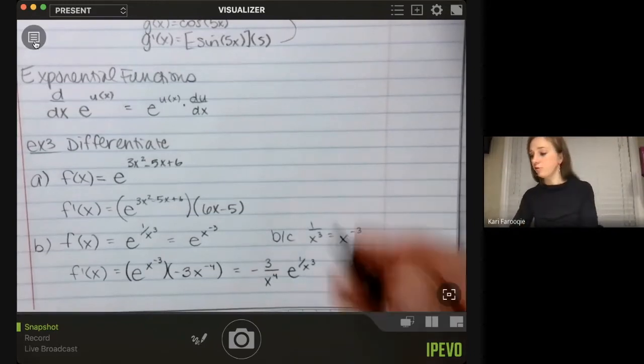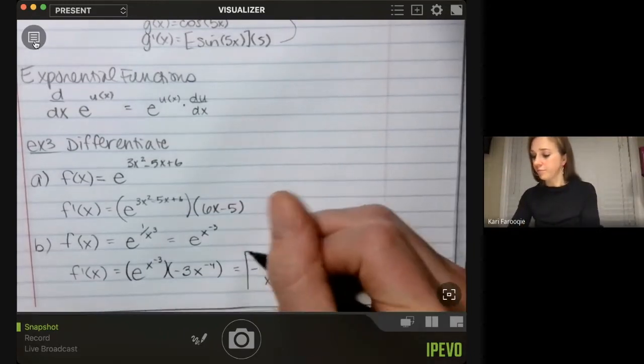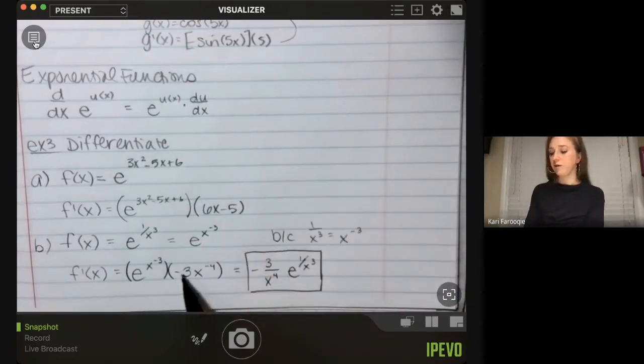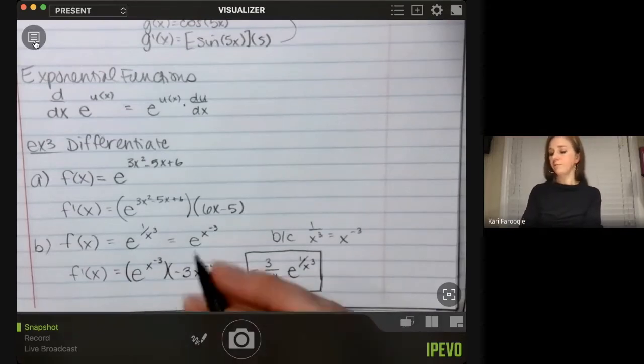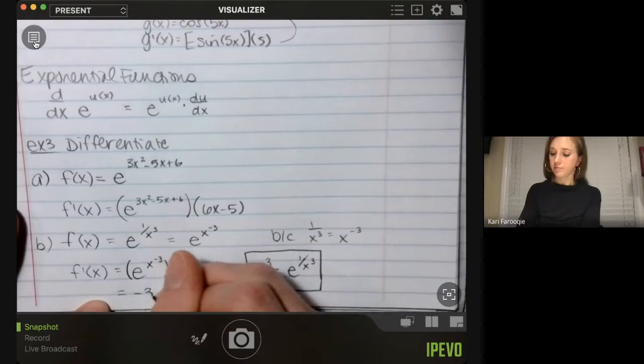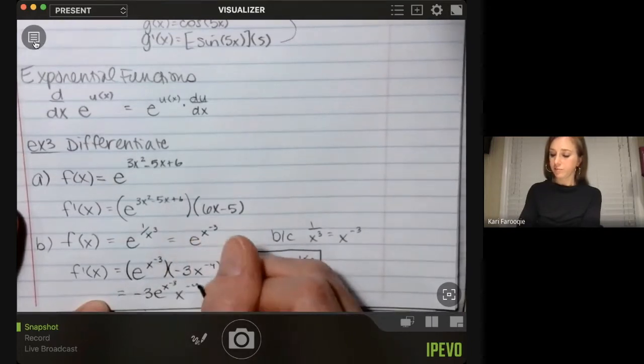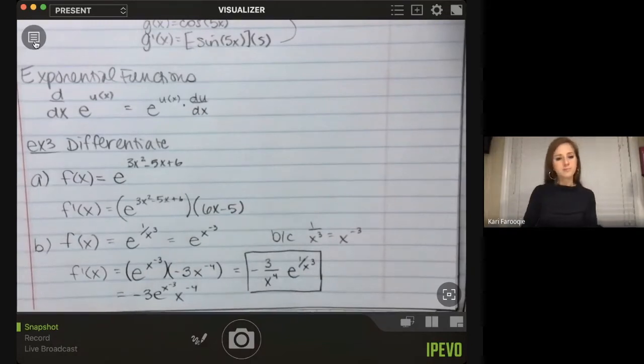Everyone's got a different opinion on that. But I would say this is okay. Probably move the negative 3 out front or something. There's not a whole lot you're going to do that's going to make this look awesome. Something like that.